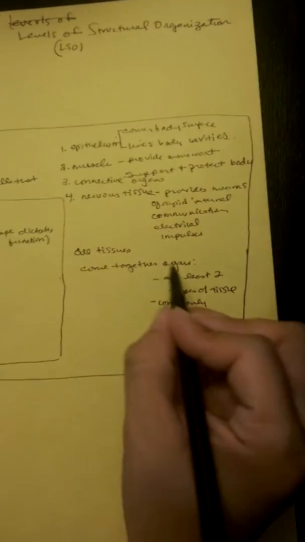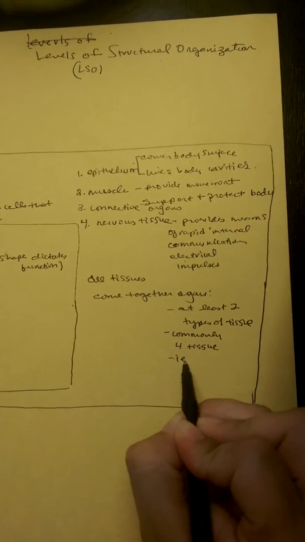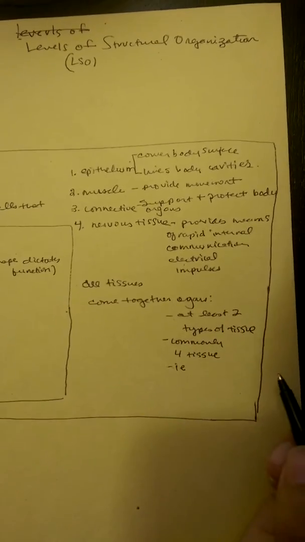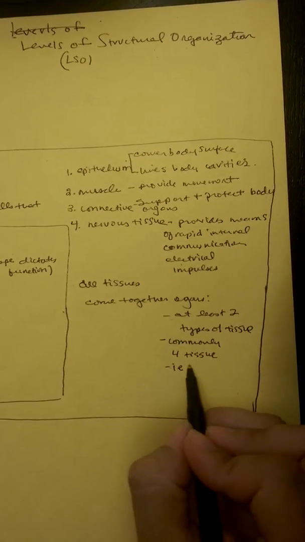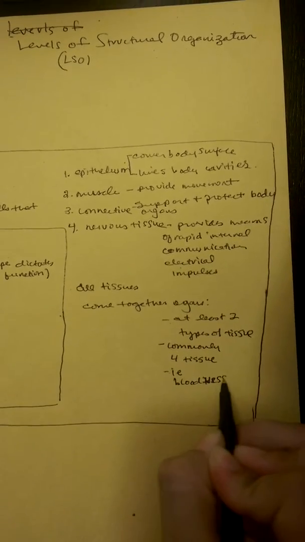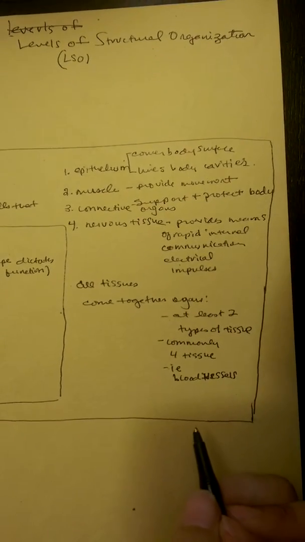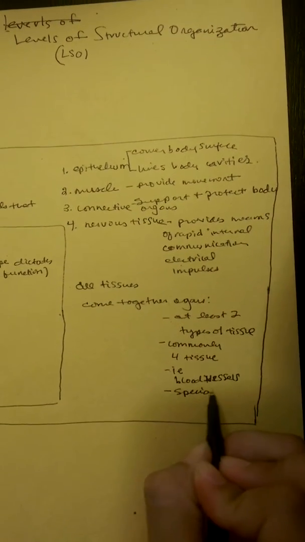And so examples of organs, the obvious, the heart, the lungs, but I found it interesting that blood vessels are considered organs. And so the organs have specialized functions.